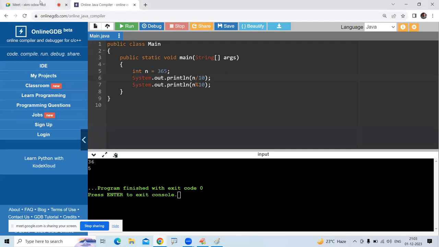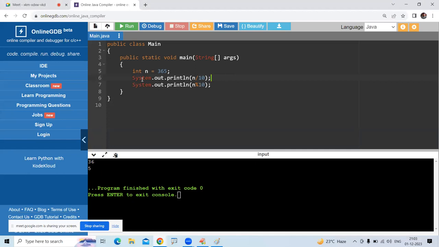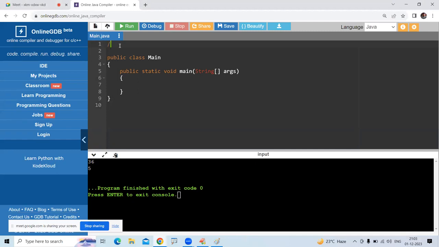Using the arithmetic operators, we will write some programs. Okay, so what are the programs? Addition of two numbers and all, everyone will write easy things. I'm writing one code. The code is simple.